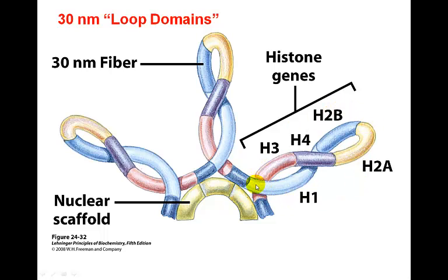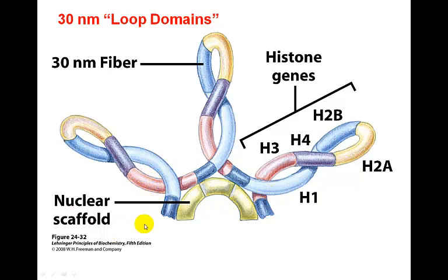And the beauty of that is we can regulate the supercoiling state of this loop domain, i.e. how easily it's transcribed, by controlling the supercoil within this loop domain, and we don't have to control what's happening in another loop domain. So this gives us the ability within gene families to regulate one region of DNA independently of what's happening within another region.